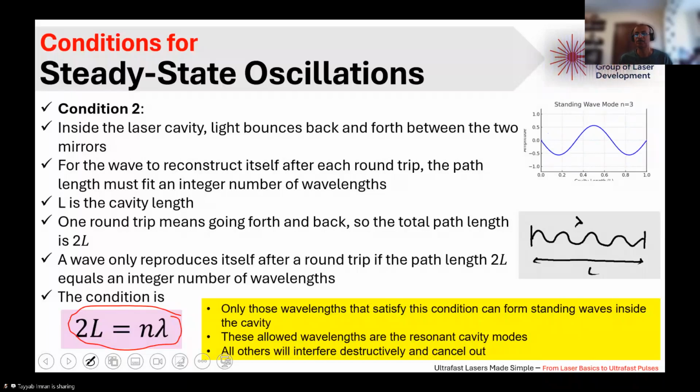So it should satisfy 2L, twice. 2L means, like here, if you go in this direction, L, and if you come back, L again. So L plus L is equal to 2L.